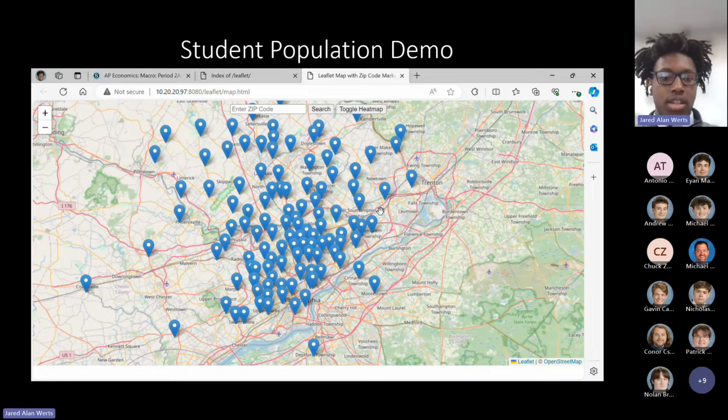This is my student population demo. For the data that I was given as number of students, I used the zip codes, counted each zip code, and used the count as the equivalent of a student.